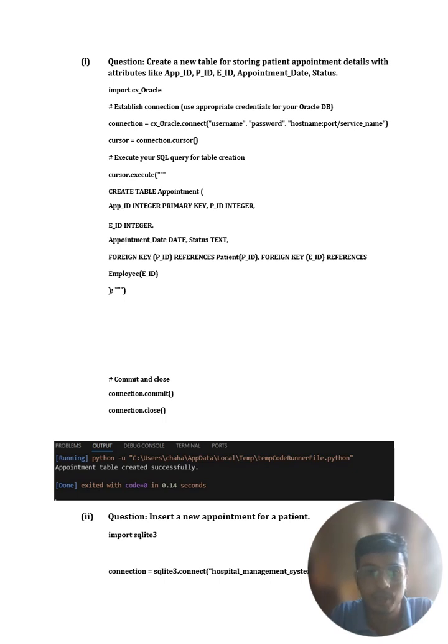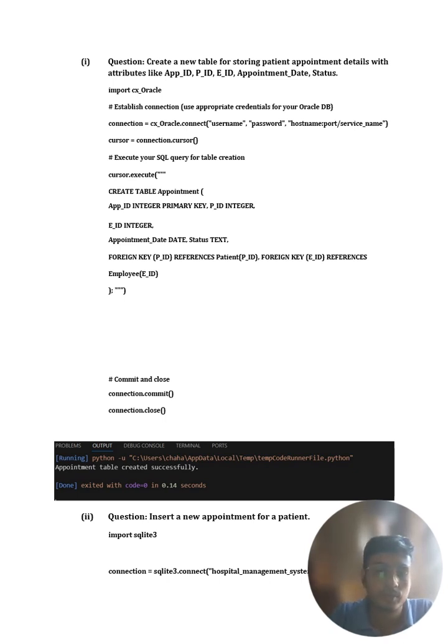I have created an appointment table which will contain a primary key, patient ID, and employee ID. Both are foreign key references, and appointment ID is the primary key. Then appointment date, like when the appointment is fixed, and its status. And I've executed, so it will display appointment table created successfully.